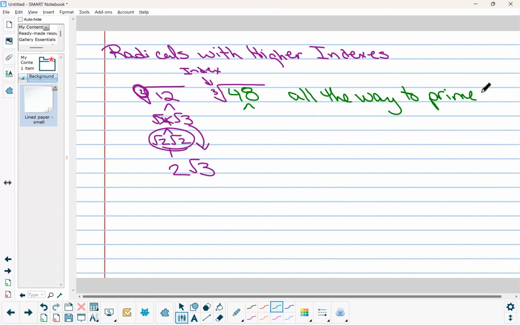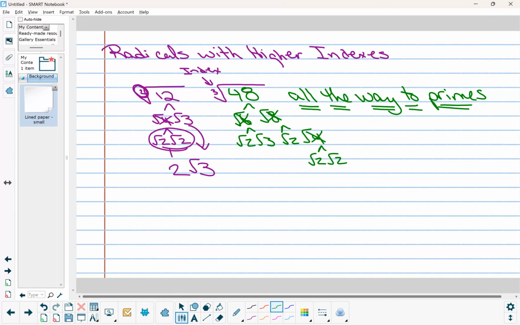Okay, square roots aren't going to matter anymore. So don't think about 16 times 3. That doesn't matter. We have to go all the way to primes. So 6 times 8, and then we're going to go 2 and 3, and then this becomes a 2 and a 4, and these can go away, and then the 4 becomes a 2 and a 2.